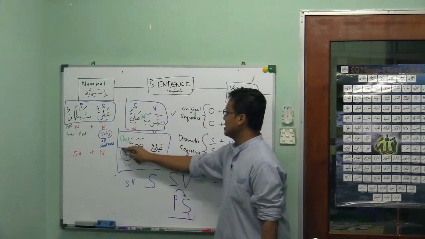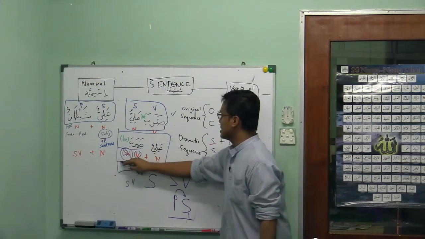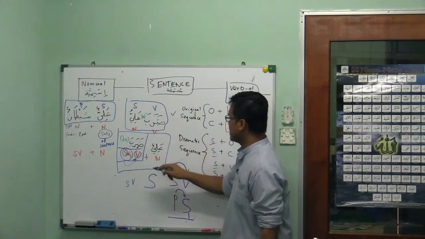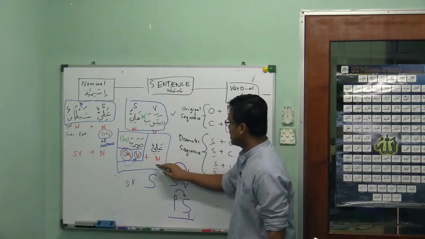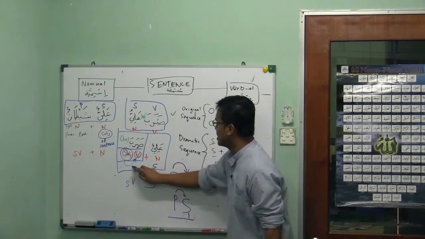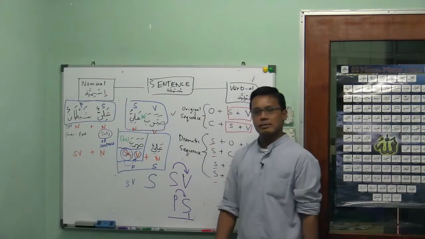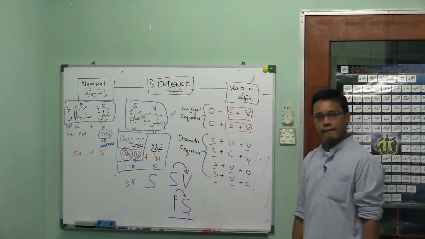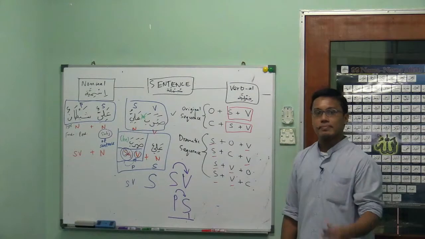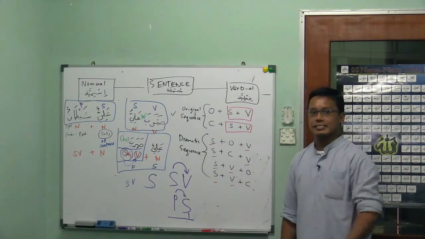See that? This is VS and this is also SP. Nampak tak? Hierarchy, SP is the top, and then you go down.